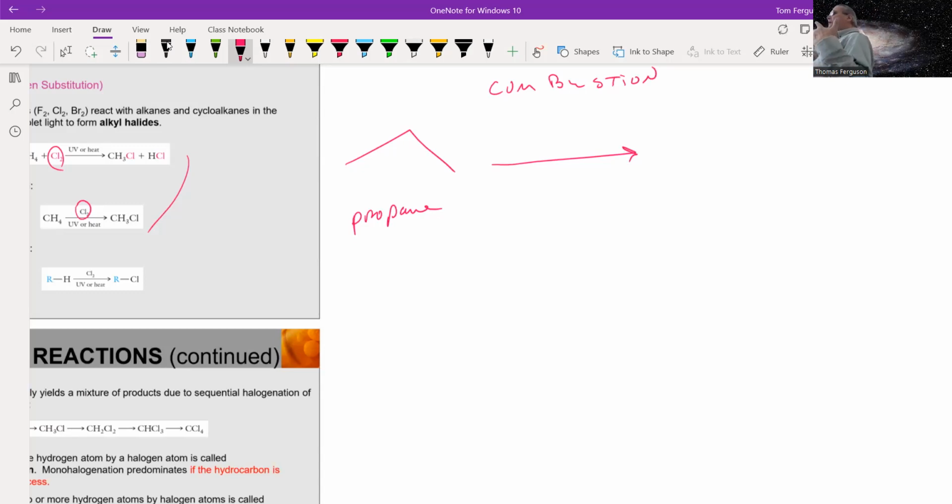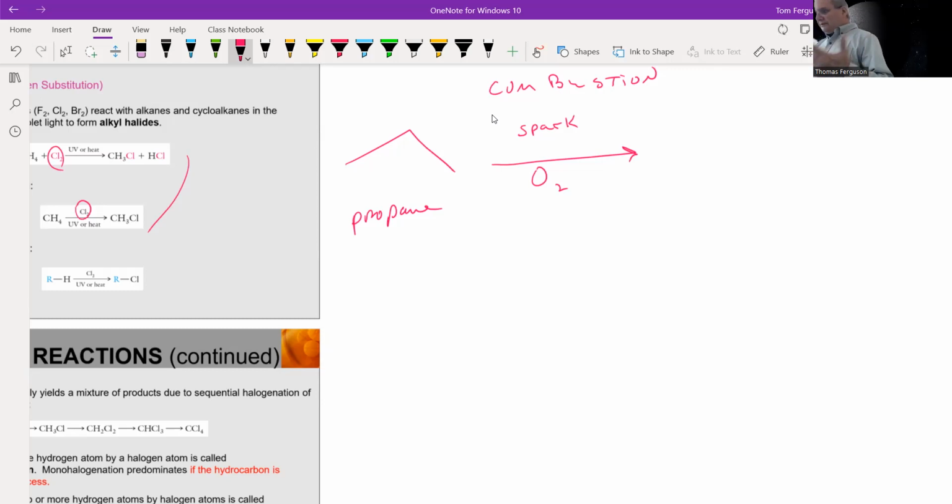So when it undergoes combustion, it combines with oxygen. So the conditions are oxygen plus spark, or an energy source.